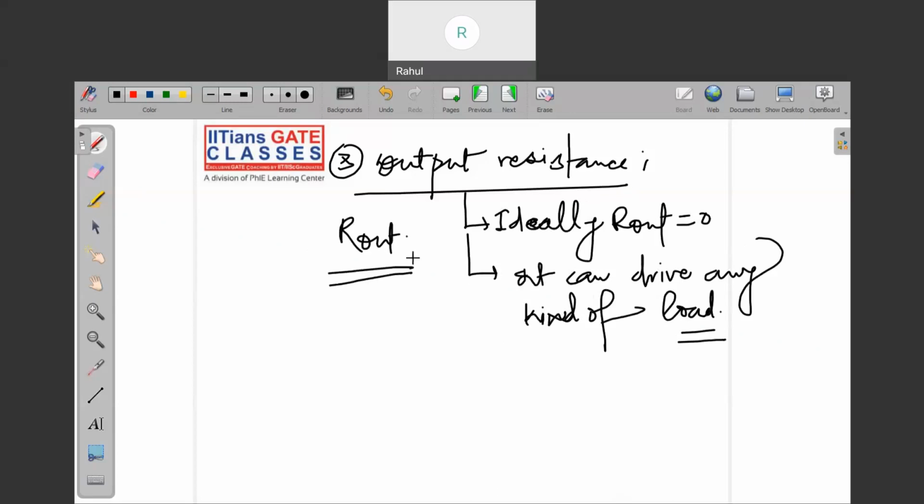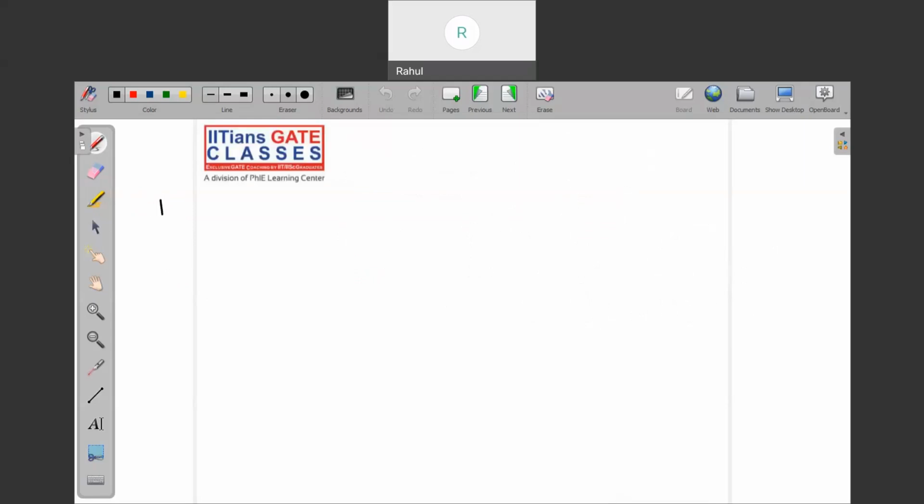Sometimes in the examination they will ask what the ideal characteristics of the op amp are. Once upon a time I saw that in the BARC examination such a question was asked, so you have to keep this in mind. If I talk about the bandwidth for the ideal op amp, the bandwidth should be infinite.